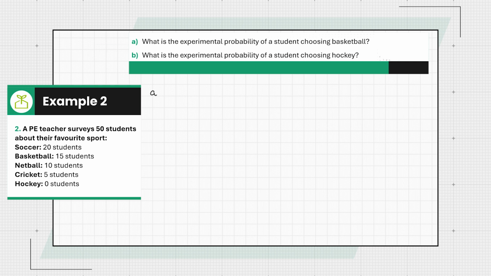So let's look at our first question. What is the experimental probability of a student choosing basketball? So the experimental probability of basketball. Right, so again, experimental probability is going to be the number of times a certain thing happened divided by the number of trials.